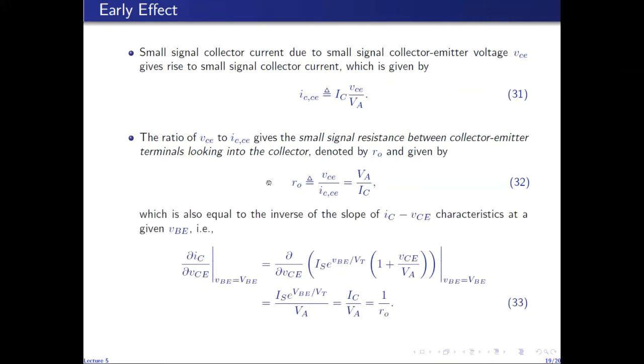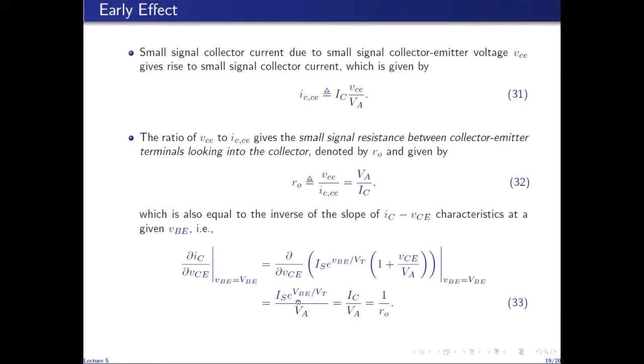This resistance can also be seen to be given by the inverse of the slope of the IC VCE characteristics for a given fixed base emitter voltage. So the slope can be found by differentiating IC with respect to VCE and then replacing VBE with the constant VBE. So this is again the old DC collector current.